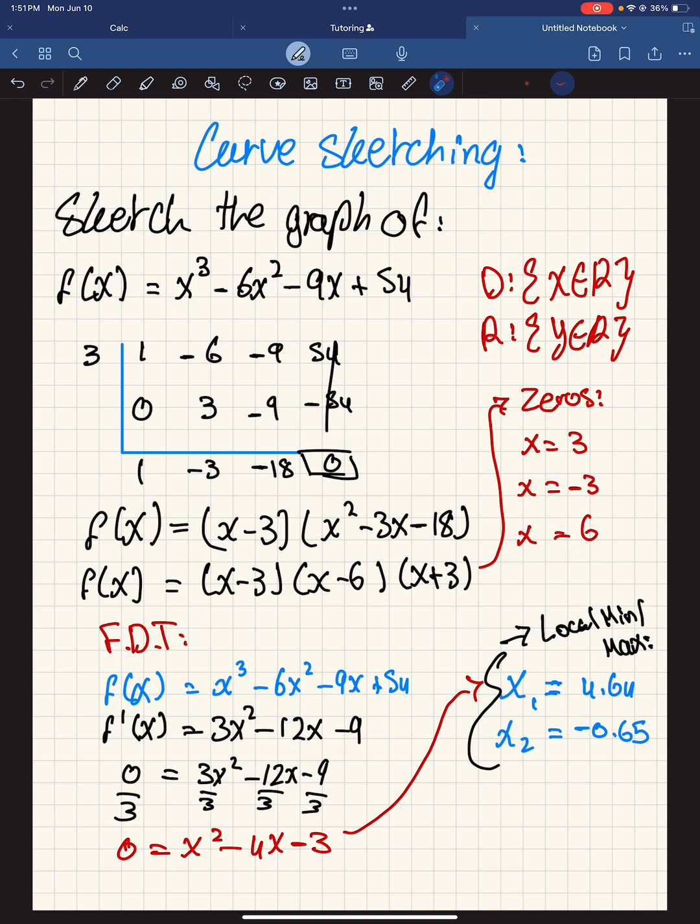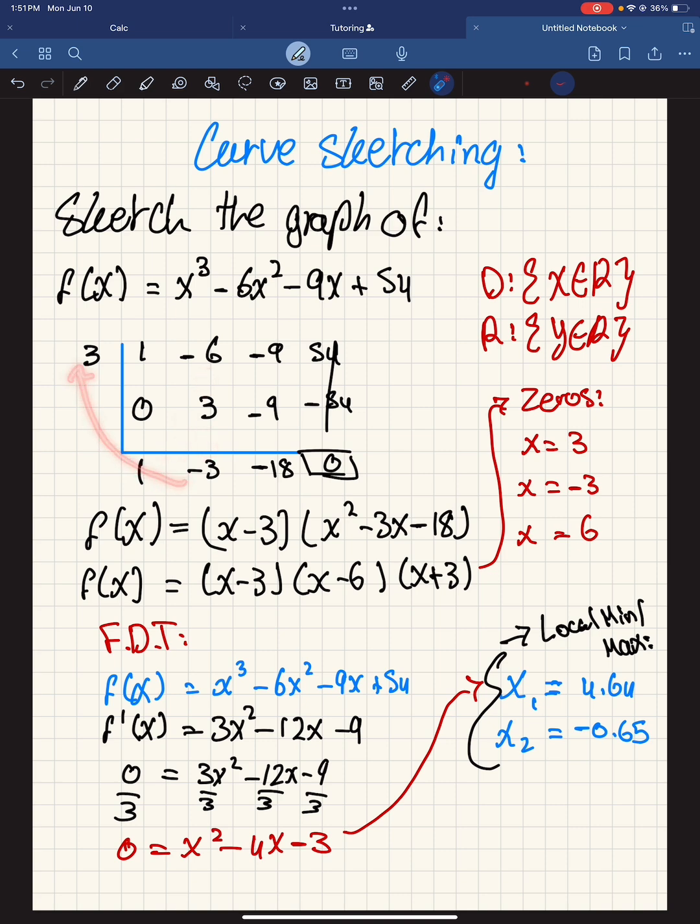You lay out the terms with their coefficients: 1, negative 6, negative 9, 54. Then you divide by a certain number, which is going to be on your side here, and you start with 0. It's 1 plus 0, which gives you 1. Then you multiply it by 3, and it gives you positive 3. You add them, and it gives you negative 3.